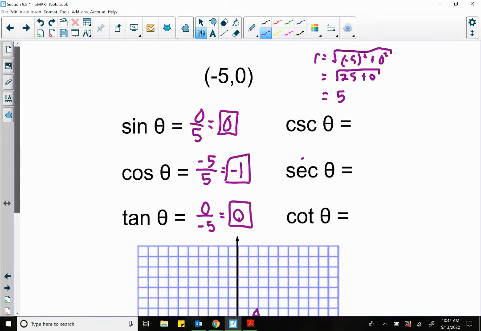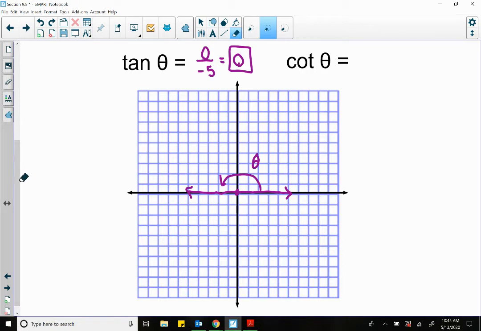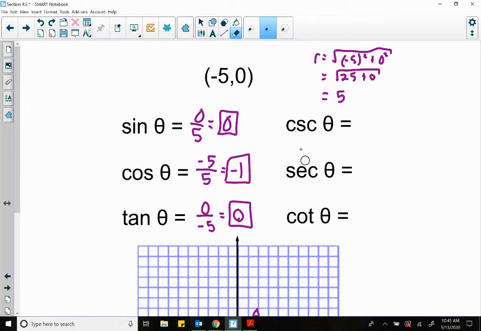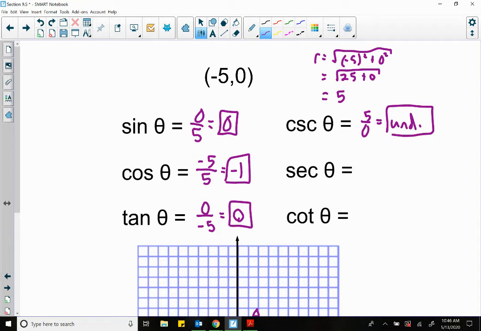And then over here, all we do is take those reciprocals. Remember, we talked about the reciprocal of 0, because what would happen is we would end up putting the 5 over the 0. And remember that we do not like 0 in the denominator, so the reciprocals of 0 are the answer undefined. Okay? Reciprocal of -1, we've talked about, is still -1.